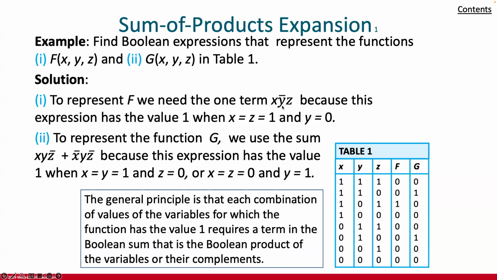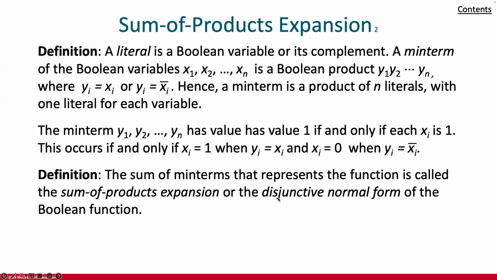And so the first one for f is x, the inversion of y, z, and for g, it's x, y, z-bar, x-bar, y, z-bar. I'm not going to walk through how we go about doing that in detail, but there's various ways that you can be using it, as well as tools that can help you along that line.